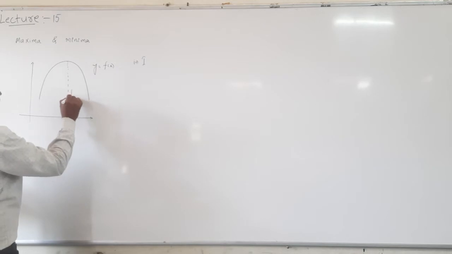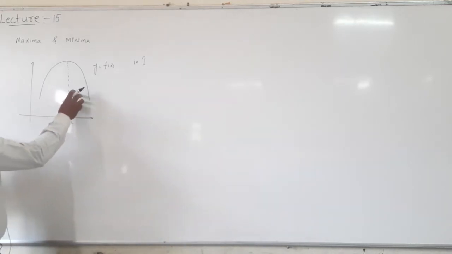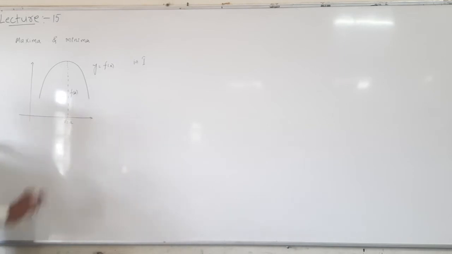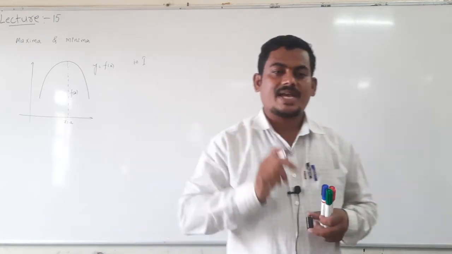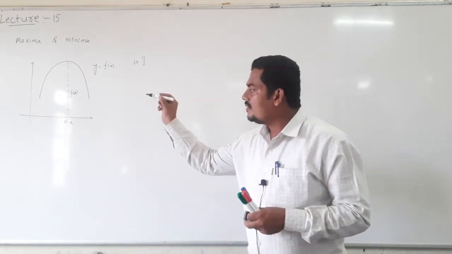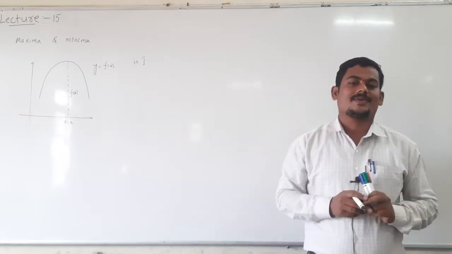This is the value of f of a. Put x value a, then you get f of a. This f of a is the maximum value of the function when all the remaining functional values are less than f of a, right?